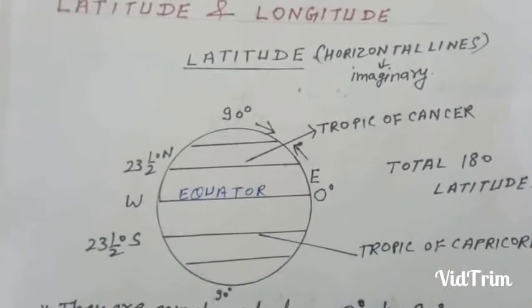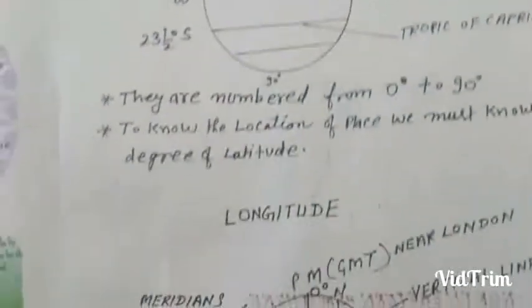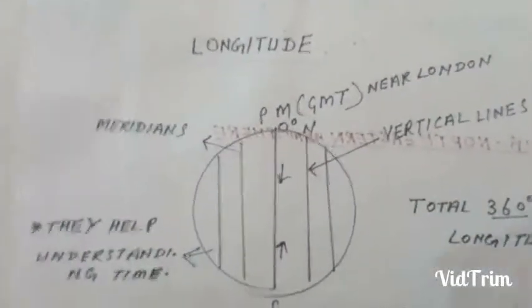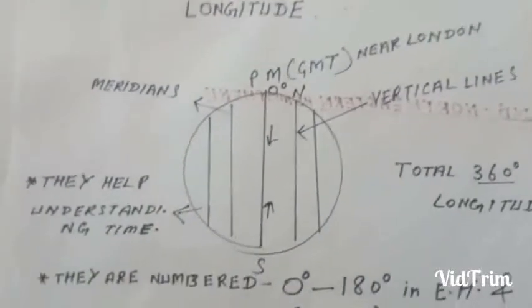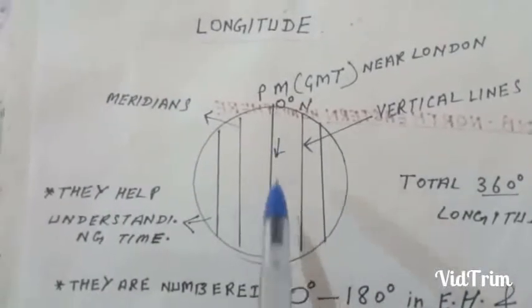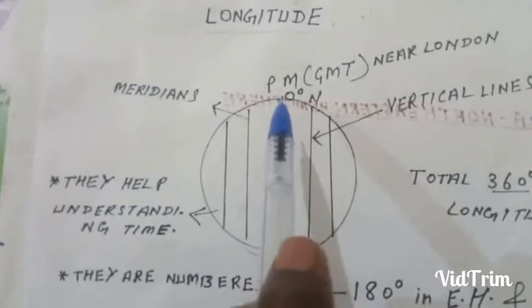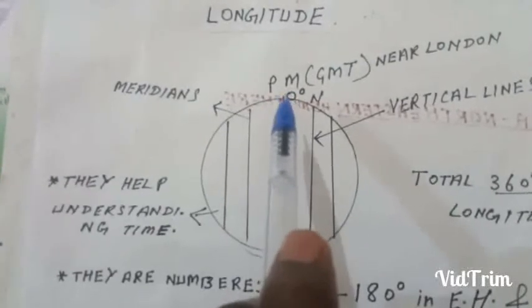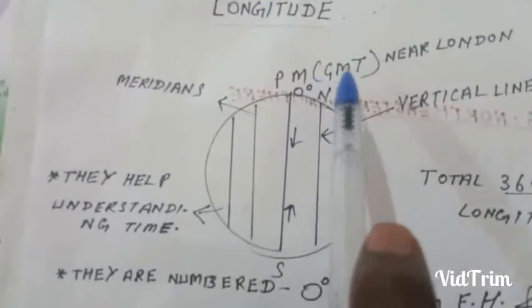Now students, let us understand longitude. You can see this is the picture of a circle. You are seeing this central line, which is also known as the prime meridian, and this is 0°. Student, this is also known as Greenwich Mean Time.